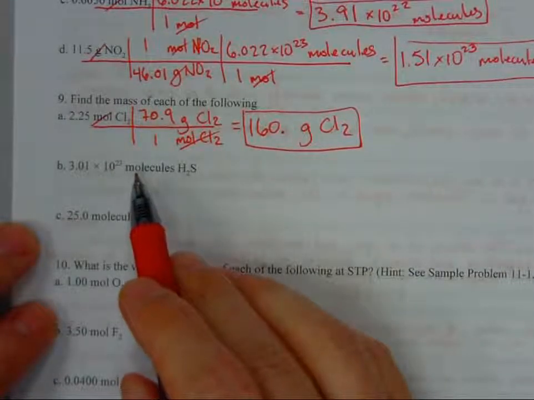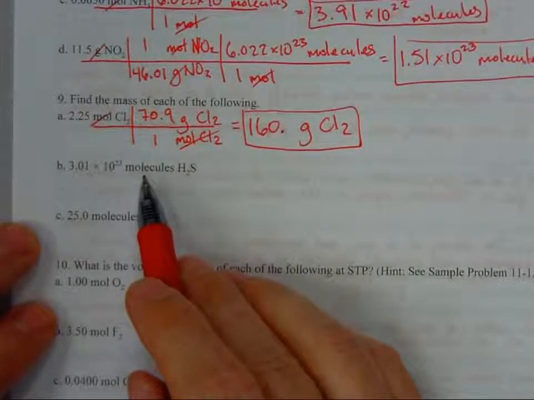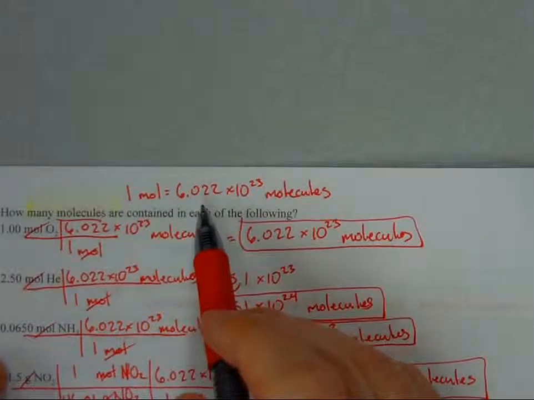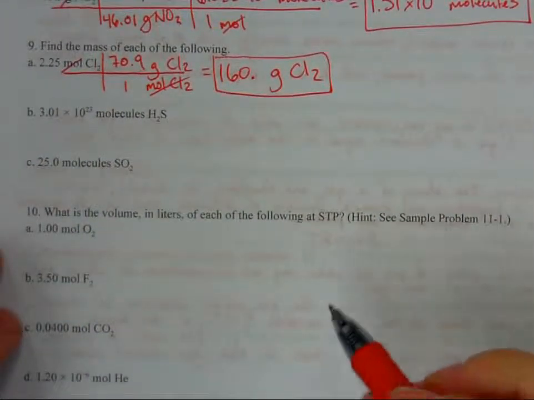Alright, we have number of molecules for B, so that means we're going to have to go from the number of molecules into moles using this same statement of equality up here, Avogadro's number, and that'll put us in terms of moles.